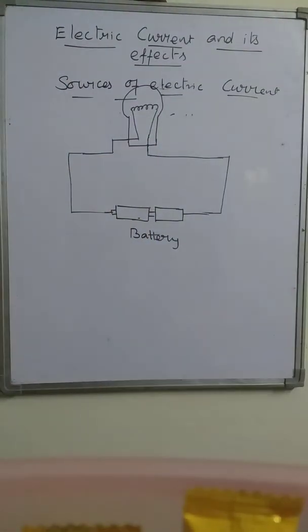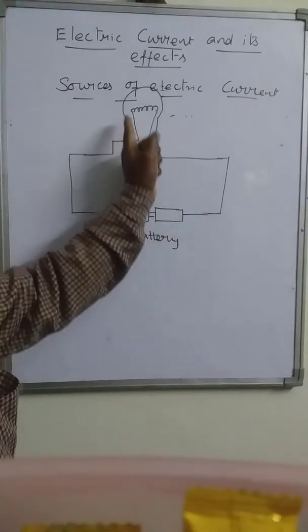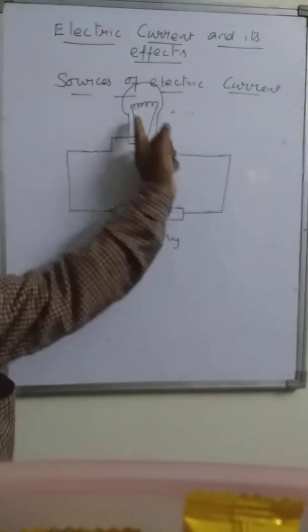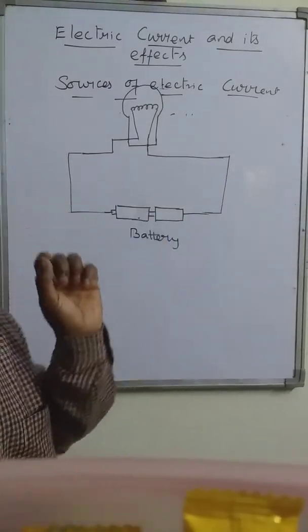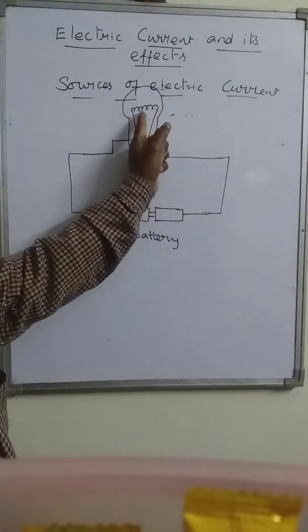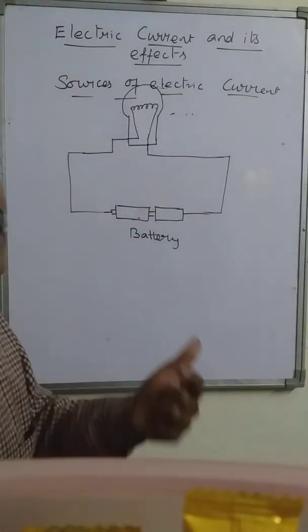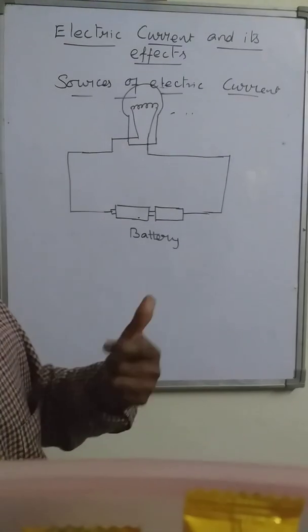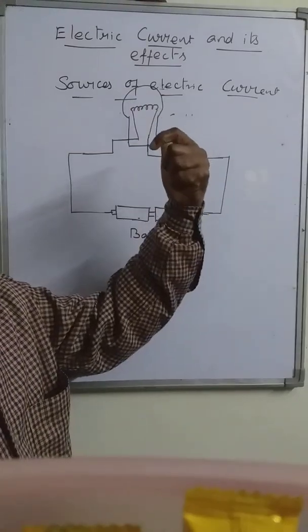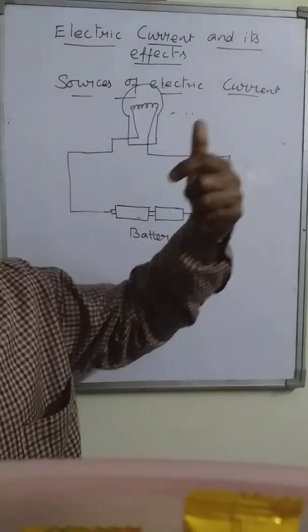Now, the two cells are joined together and again the electric current flows. The charges are flowing. As I already told, only the negative charges are flowing. Due to the flow of electric current through this bulb, it glows. And the brightness of this glow keeps changing when the number of cells is increased.